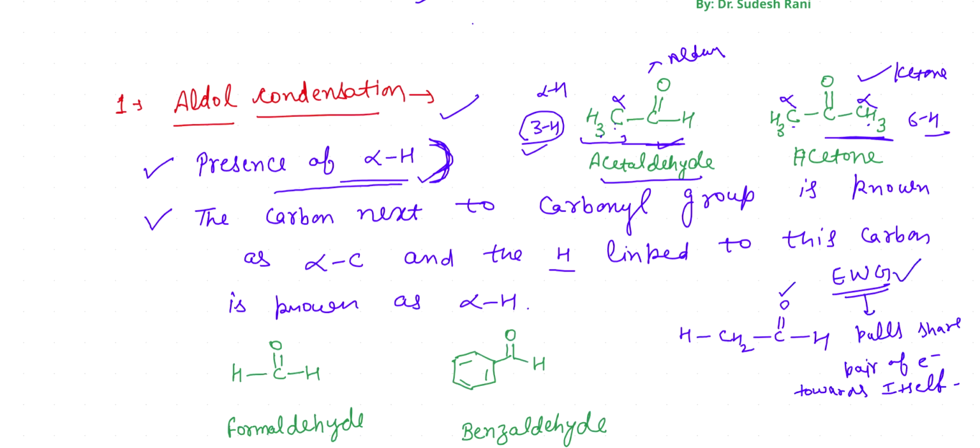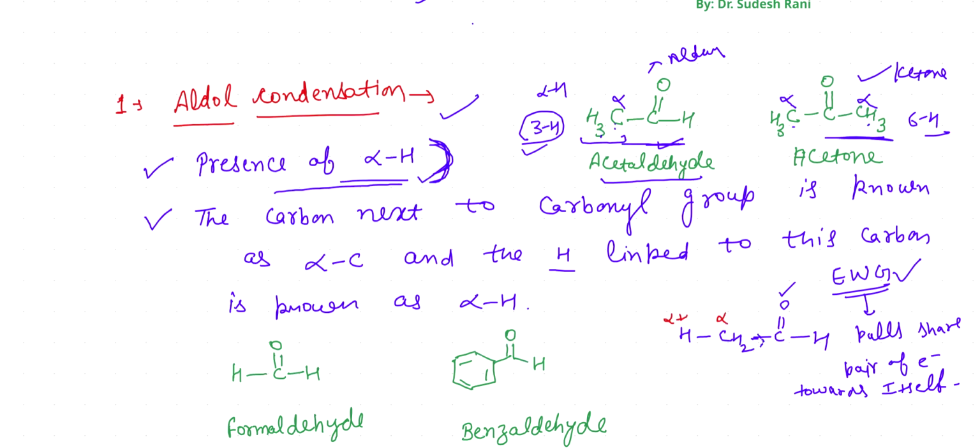So the carbonyl group pulls the shared pair of electrons towards itself, meaning it is abstracting the electrons. This is your alpha carbon and this is your alpha hydrogen.